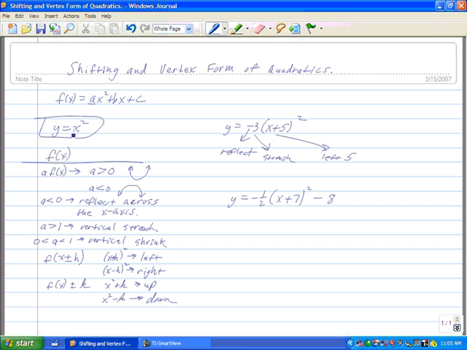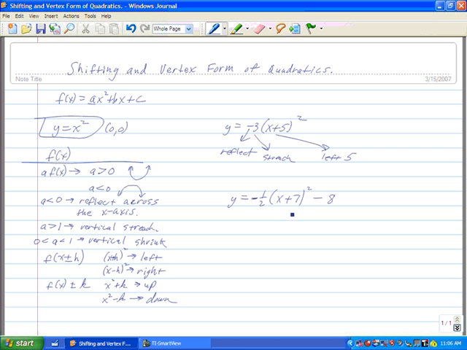Remember, for our original x squared graph, your vertex is at the origin, or in other words, 0, 0. So in this new quadratic, we see that the negative has reflected it across the x-axis, which didn't affect the vertex. The 1/2 has caused it to shrink vertically.